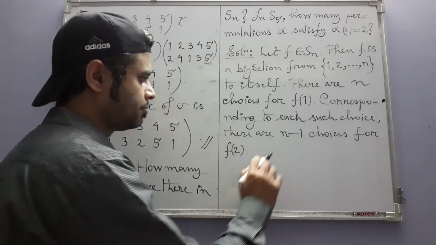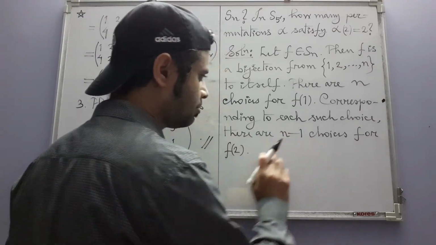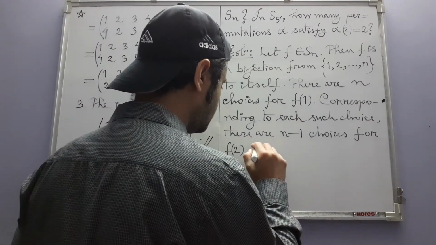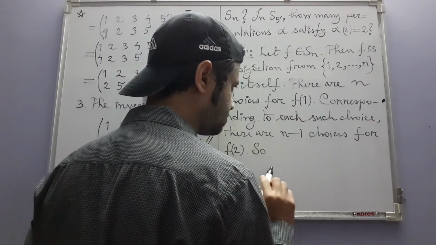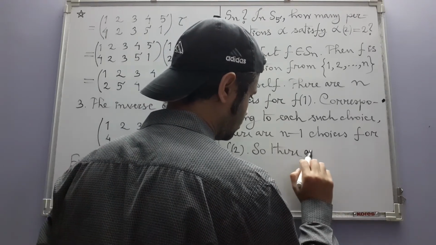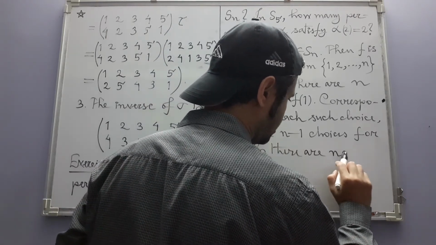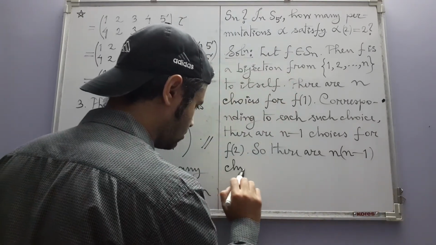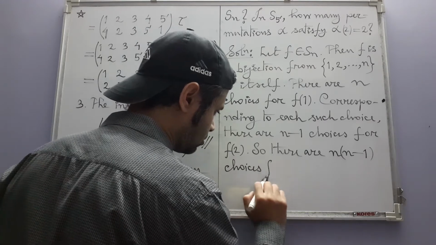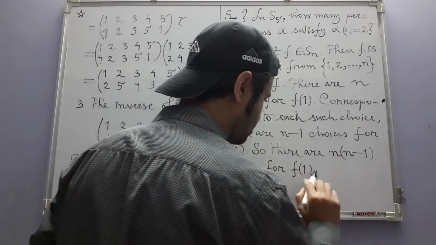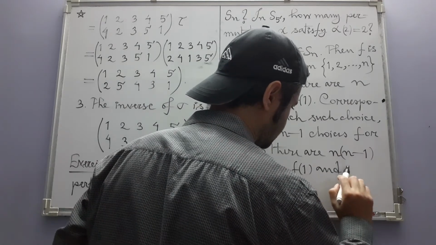So that's why we are left now with n minus 1 choices for f of 2. So there are n times n minus 1 choices for f of 1 and f of 2.